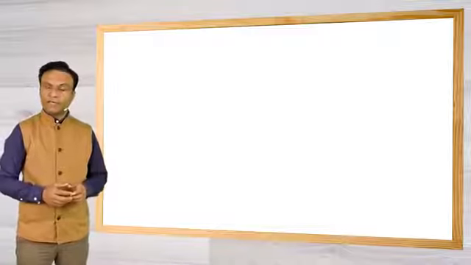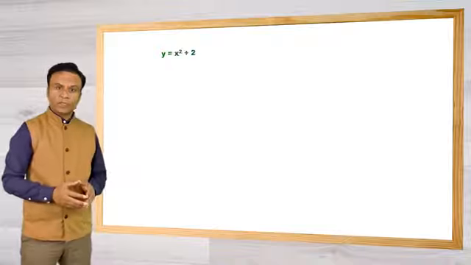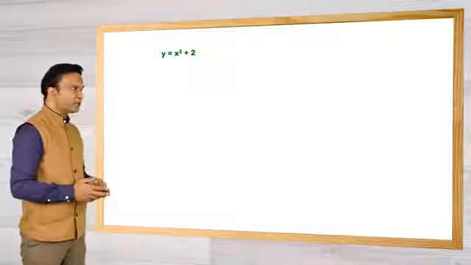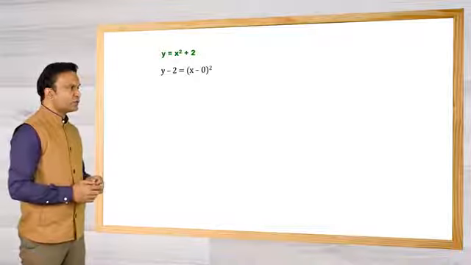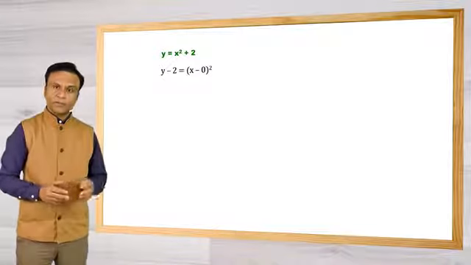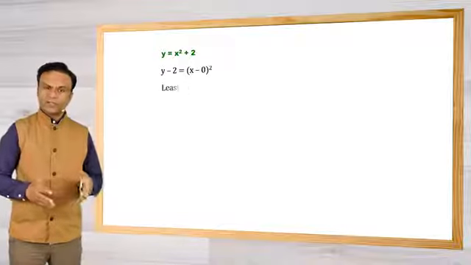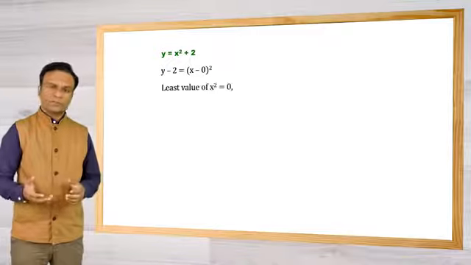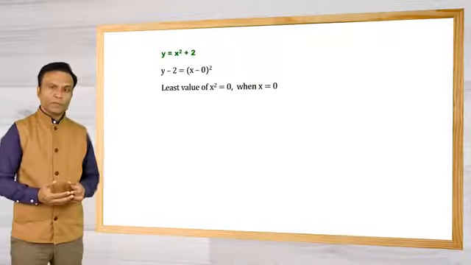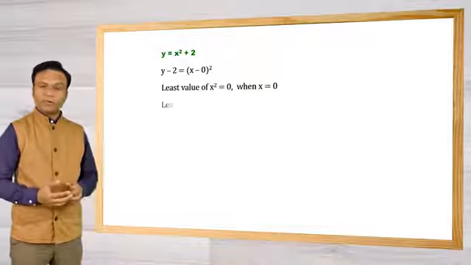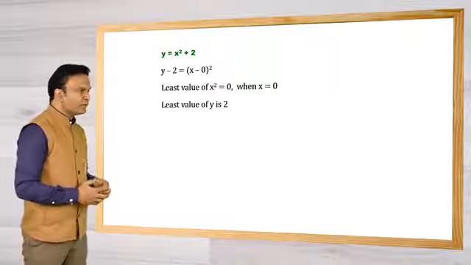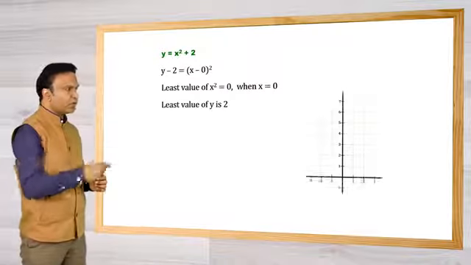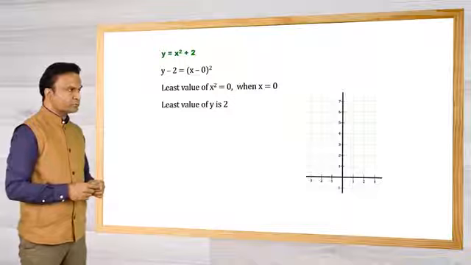Consider the quadratic function y = x square plus 2. We can put this function as y minus 2 = (x minus 0) square. The least value of x square is 0 when the value of x is 0. So here the least value of y is 2. So on the graph of the function we have the point (0, 2).